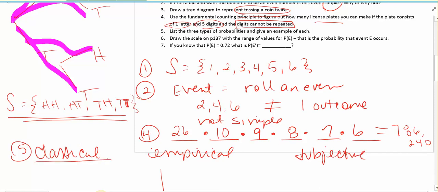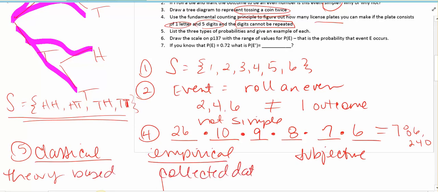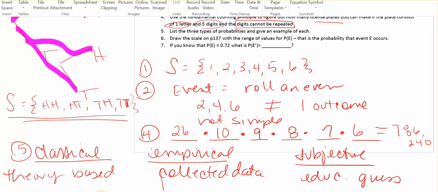Now the classical is the theory-based. Empirical, you collected data. And subjective is like an educated guess. That's what I'm going to write down, an educated guess. So like the doctor will tell you, you have a 30% chance that this growth is going to reform or whatever.